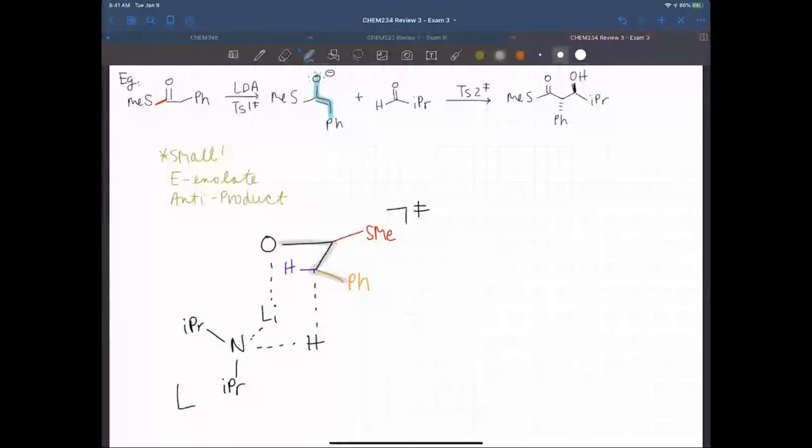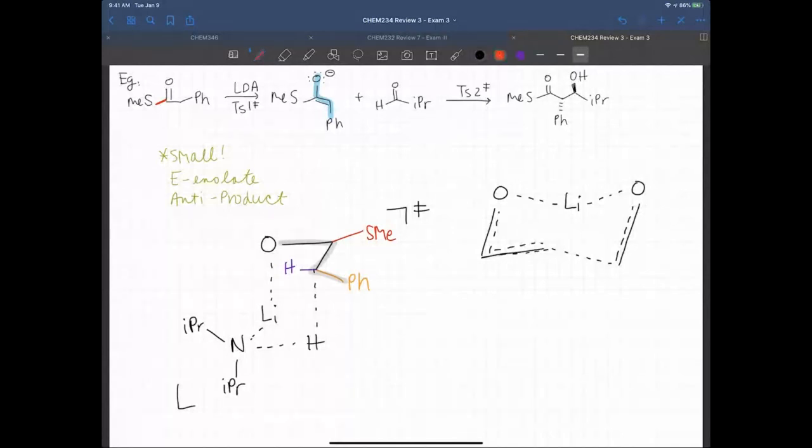Okay, next thing, when we talk about transition state 2, let's see, we have this here, and we have this here. So now, okay, good. So this is our transition state 2.